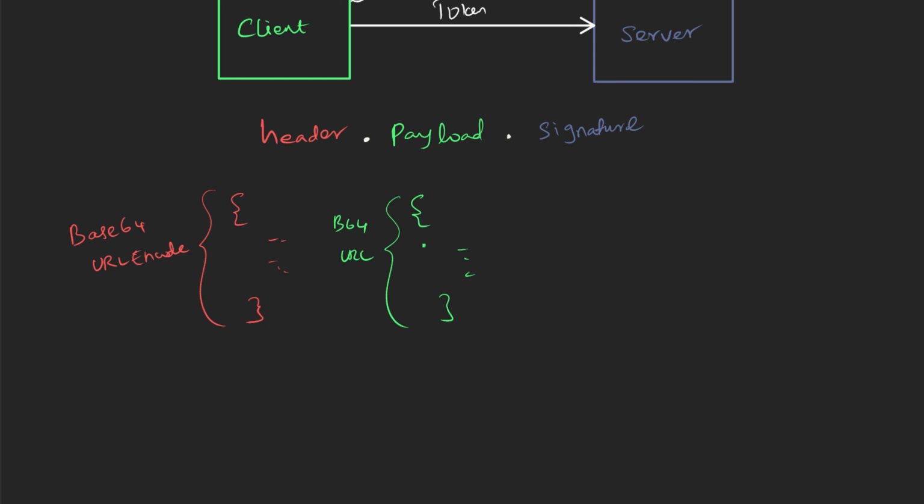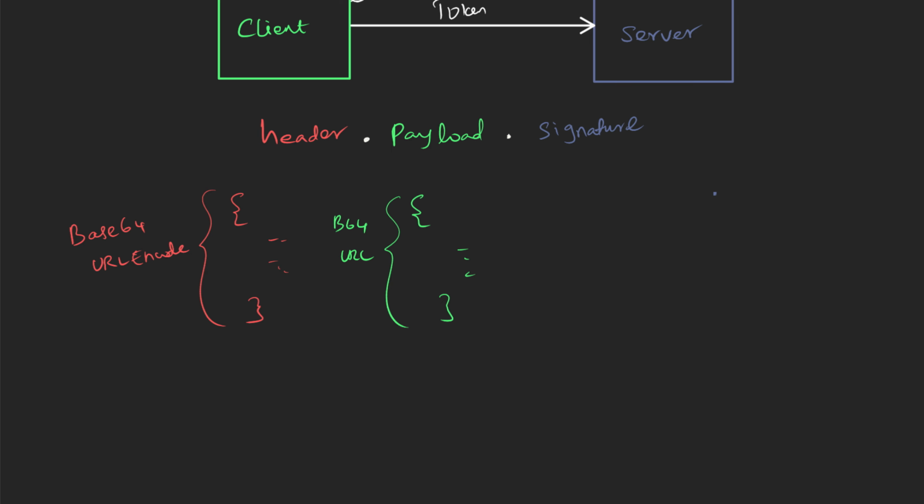So we take those two and join them together with a dot. We have a string which is the base64 URL encoded version of our header, and another string which is the base64 URL encoded version of our payload. We combine these two like a normal string concatenation with a dot. Now we take this header dot payload base64 encoded string, and we actually create our signature from that. There are different ways to create a signature.